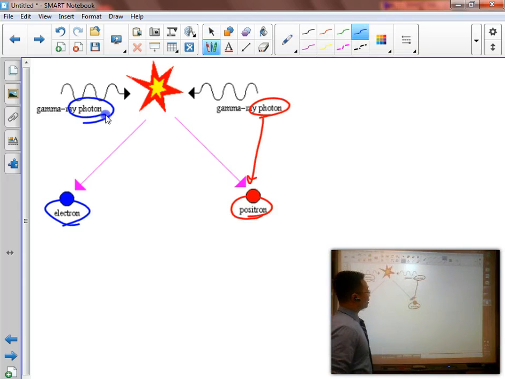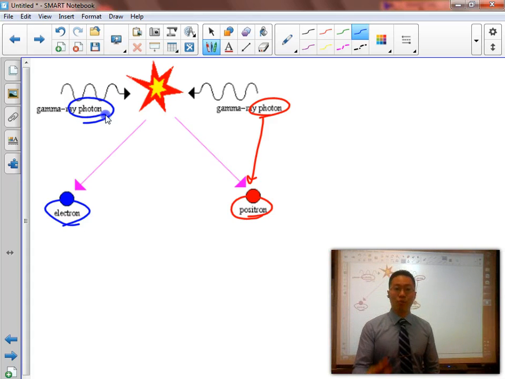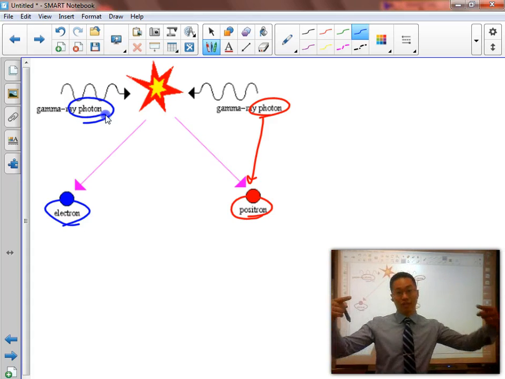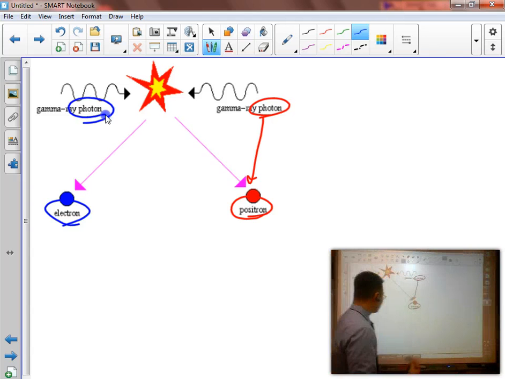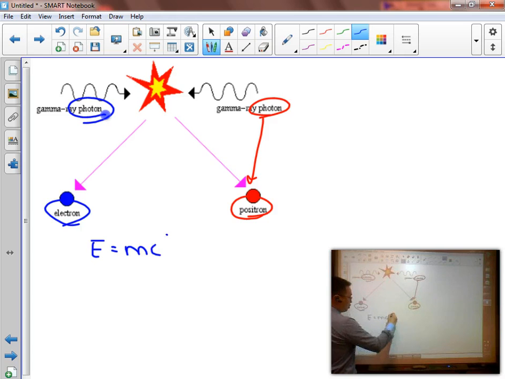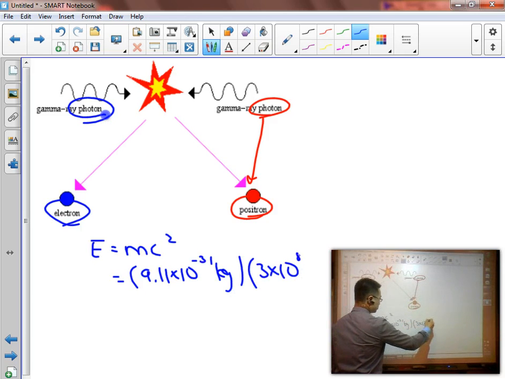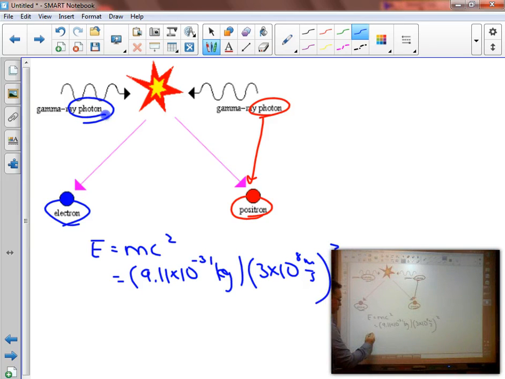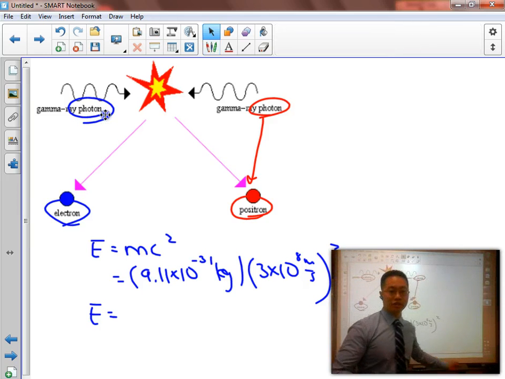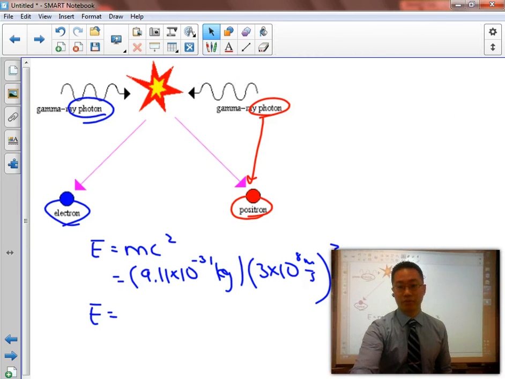So when I want to find out how much energy each photon needs when they strike each other, we will end up with E equals mc squared again, except we'll just be dealing with the mass of 1 electron at a time, in order to solve for the energy and then the frequency. Okay, so this is another example of pair production.